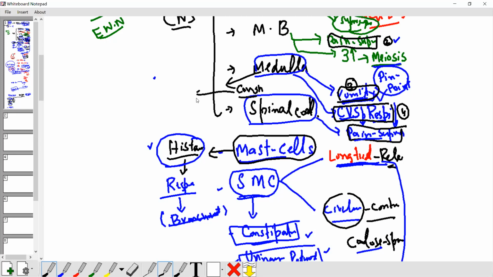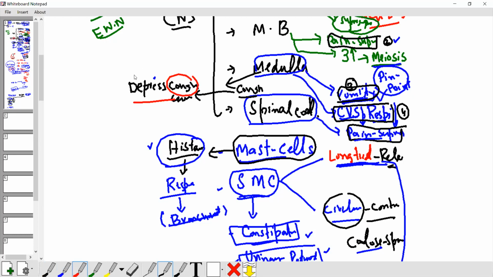So these drugs suppress or depress the cough center. It means they also work against cough.